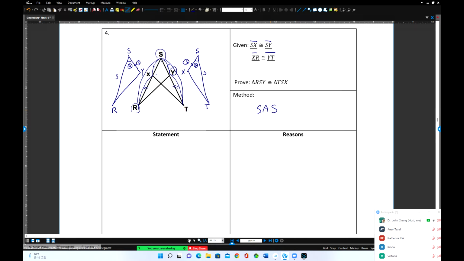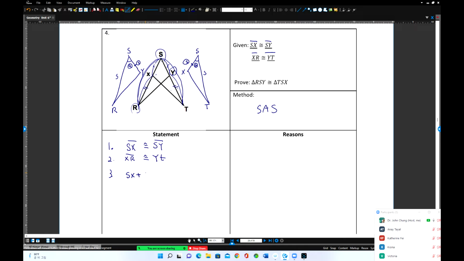SR congruent ST, okay? SX congruent SY. XR congruent YT. SX plus XR, right? SX, not XS.